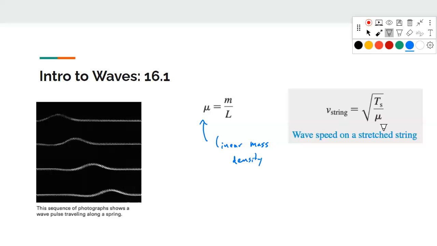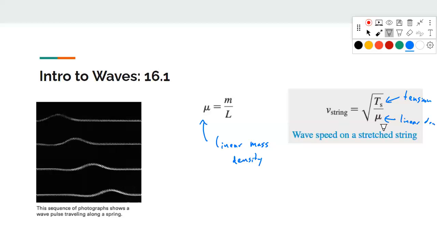And so for such a wave on a string, if we want to know how fast that pulse travels, it follows a really nice formula, which is written here, where this is the tension, and this is that linear mass density.